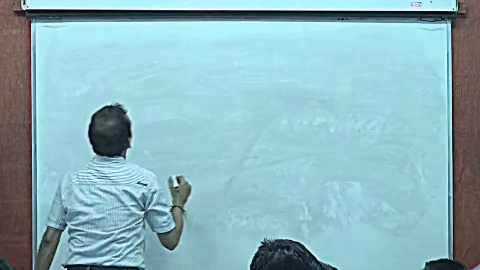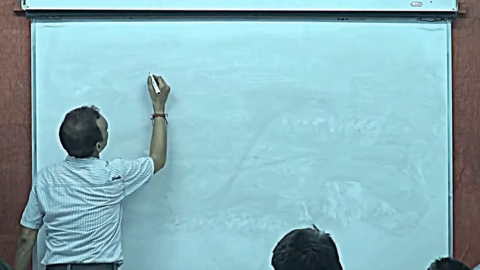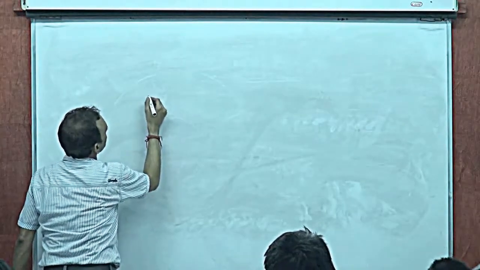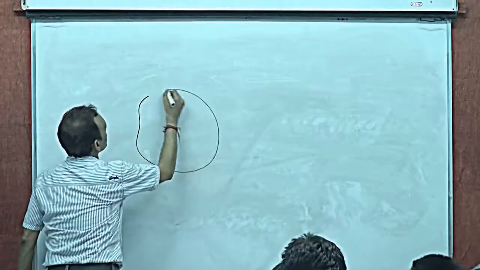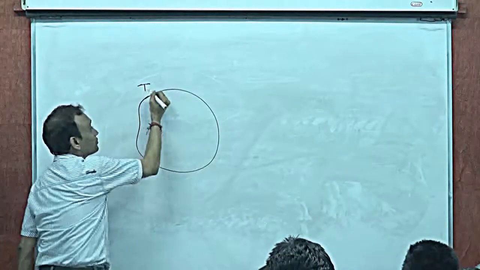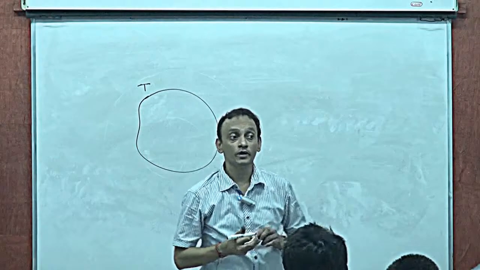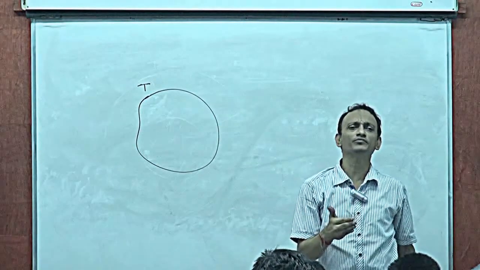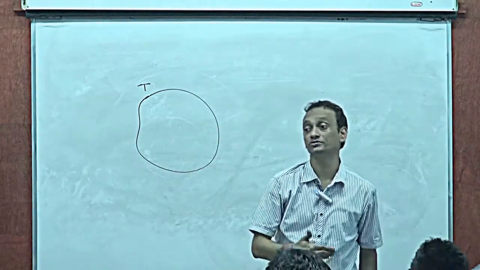Now, there is what's called an ideal radiator if it's at temperature T. When I talk of thermal radiations, we now all of a sudden move not to degree centigrade but to degree Kelvin.